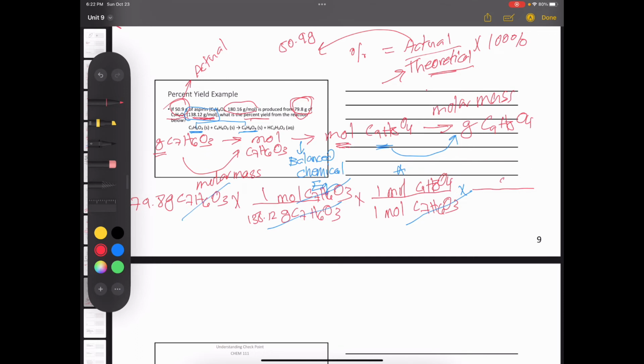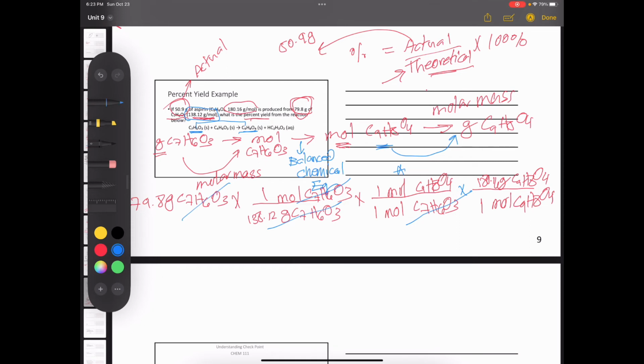So I need to have grams of C9H8O4 on top and moles of C9H8O4 down here. According to the molar mass of aspirin, for every 1 mole of aspirin, the mass will be 180.16.